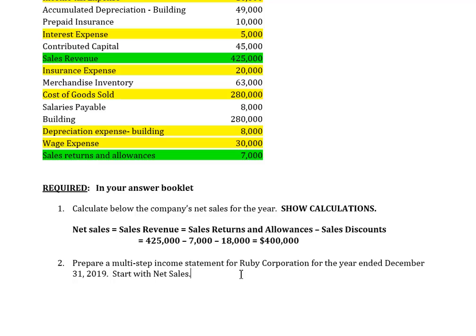But when you're doing it externally, we don't want to tip our hands to external competitors, marketing people or financial people, so that they can figure out what we're doing for returns and allowances and sales discounts. So in this case, we've asked you to start with net sales, just as you would if you were doing statements for external users of your statements.